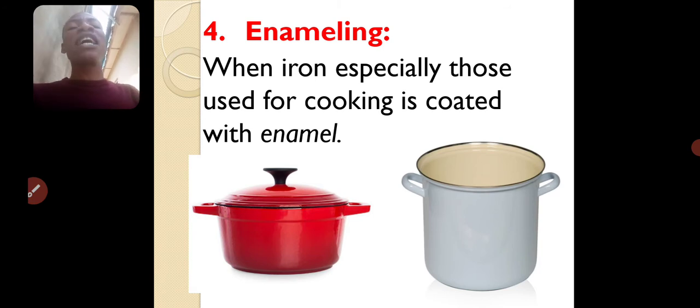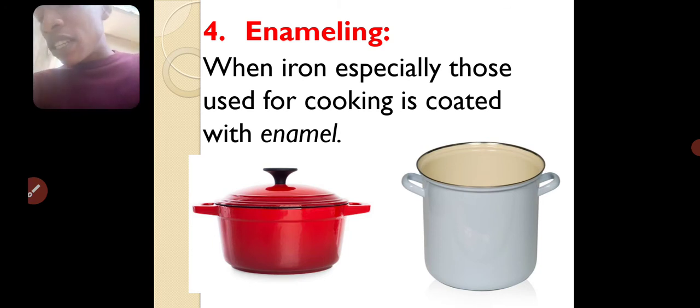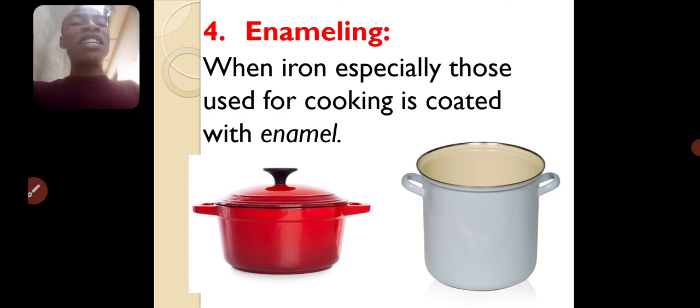When they want to present their visitors with food, they use enameled plates that have been covered with enamel. Enamel, though, beautifies the plate, but most importantly, prevents oxygen and water from reacting with the iron plate so that it doesn't corrode at the end of the day.